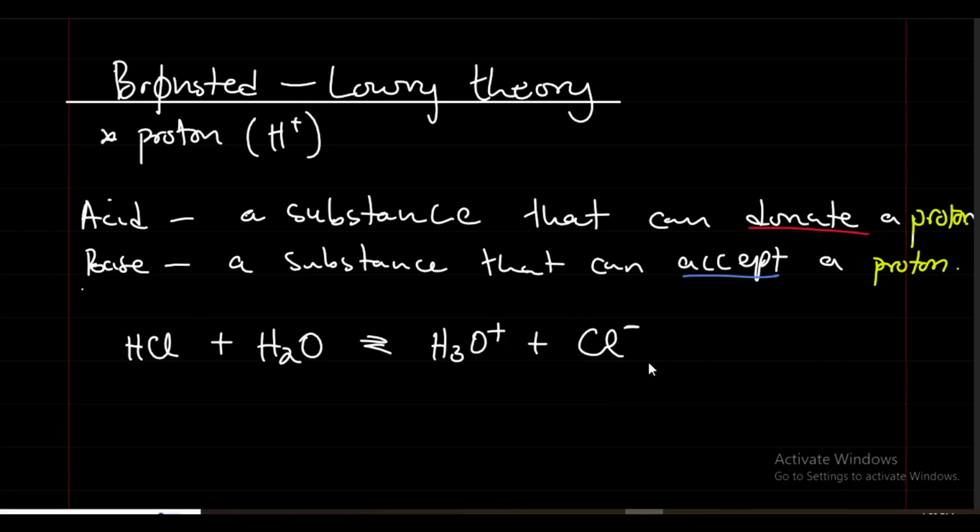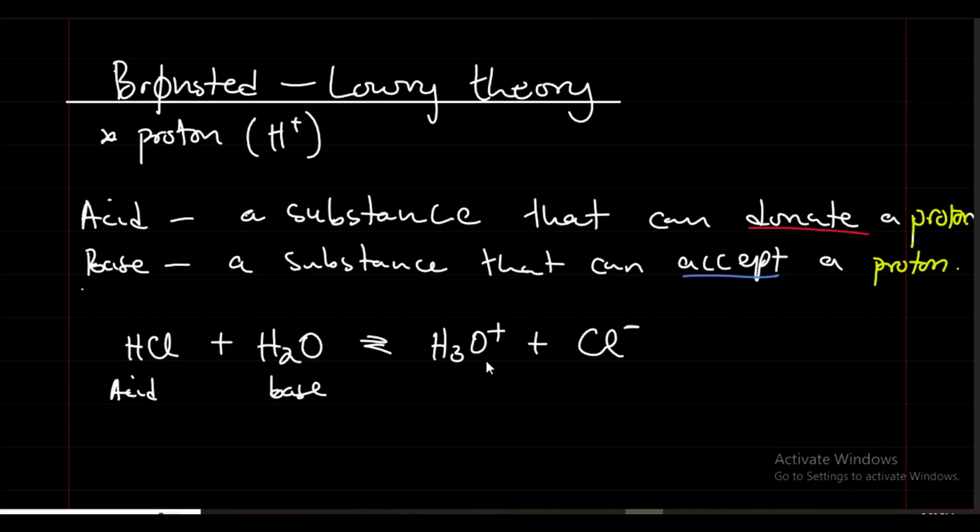Plus chloride ion. Okay, so I have noticed that many learners are confused by balancing of the acid and base reactions, because the reactions have charges. Okay, so now how does this reaction happen? Okay, I'll go to that. Before that I must first identify which one is my acid, which one is my base. So this HCl is my acid. Okay, this water is my base.